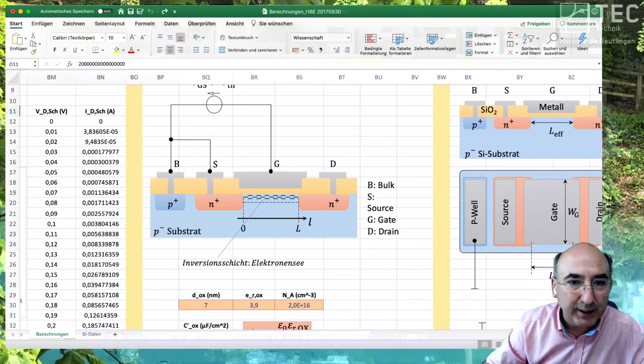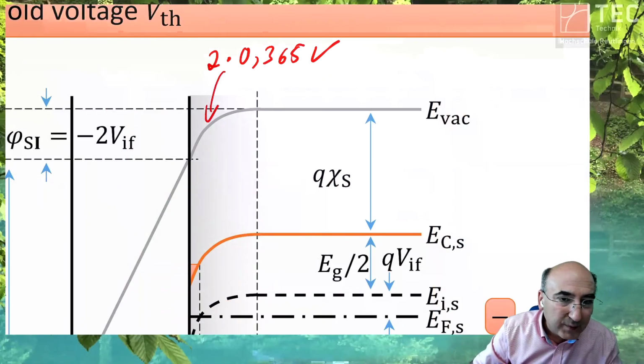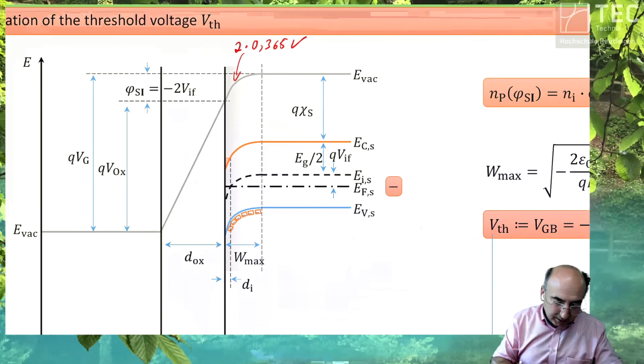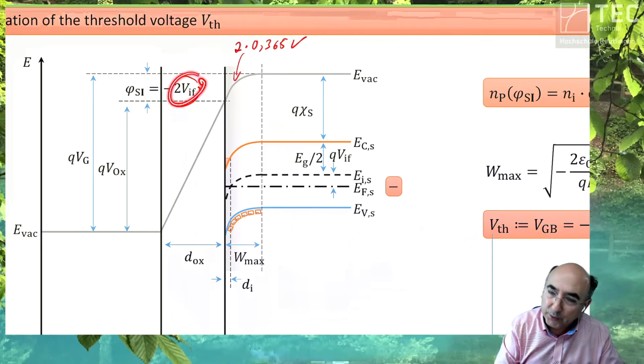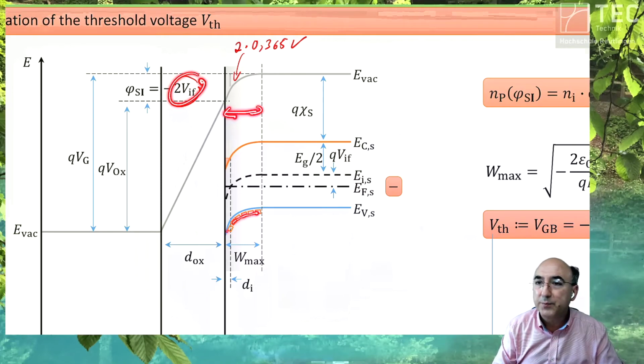So I translate. That's very important. I will go back now to the slide. I translate this voltage for the threshold to a width and this width to this charge.